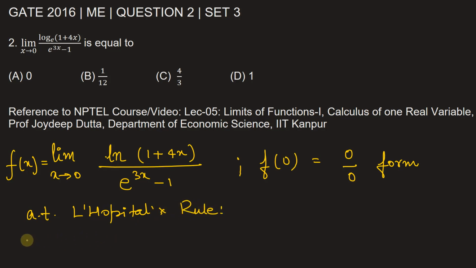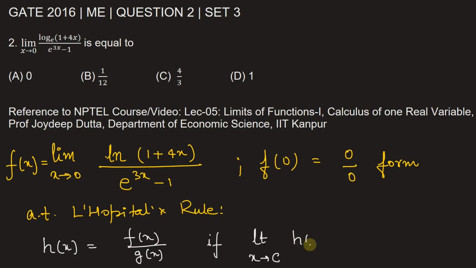Now what L'Hopital's rule says: suppose h is a function of x which is equal to f of x by g of x, and we are trying to find limit x tends to some value c of h of x.